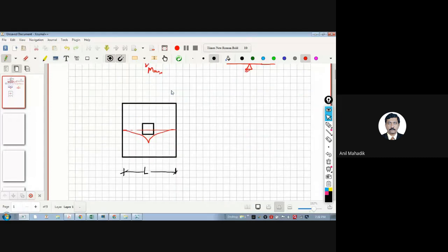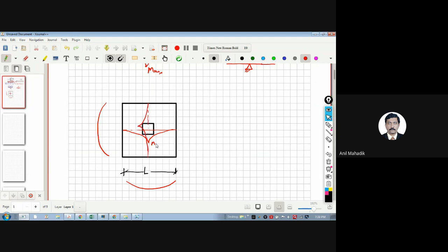And again, there is a bending here in this direction. So the bending is like this also, and there is bending like this also in this direction. Two-way bending. So there will be a bending moment here in this direction also. So two-way moment.